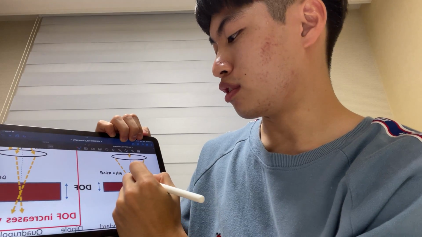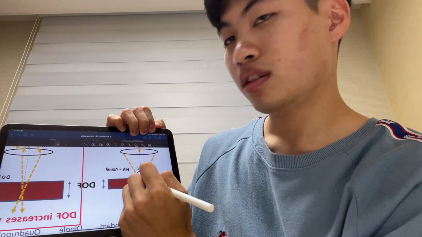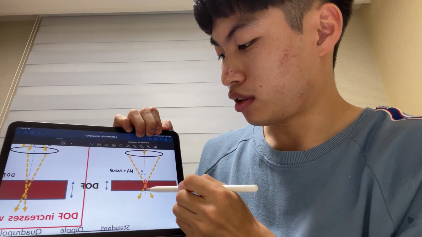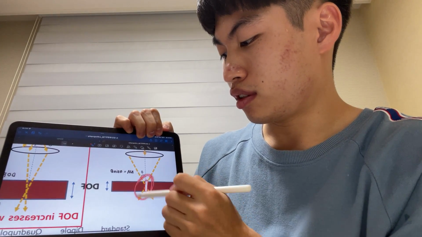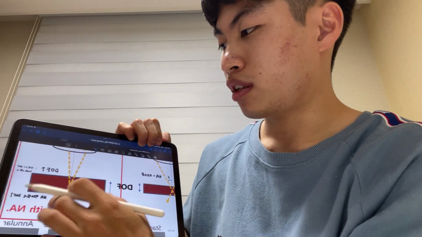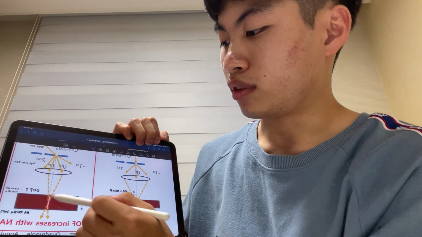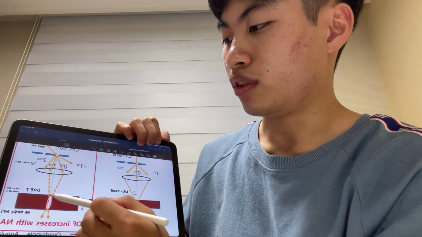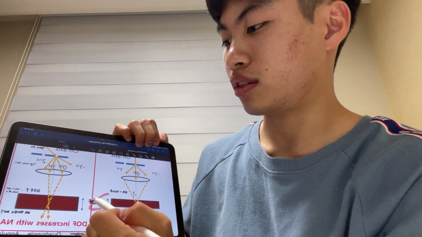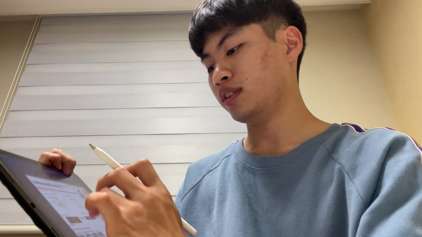In this case, the depth of focus is about this length, but if you tilt the incident wave, the depth of focus will be longer than this case. So we can solve the trade-off problem.